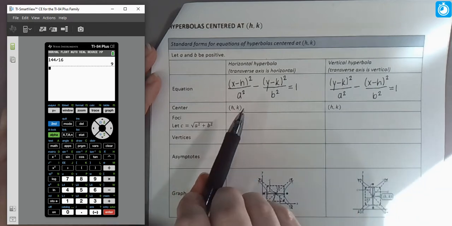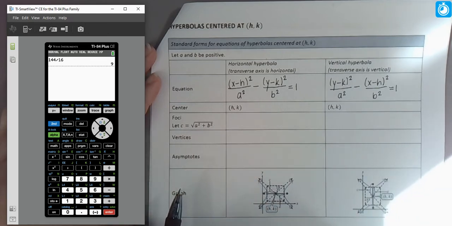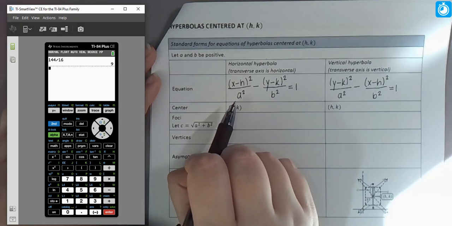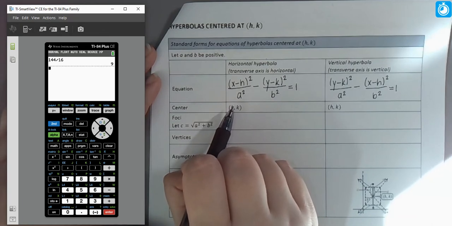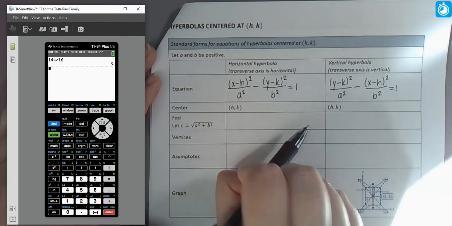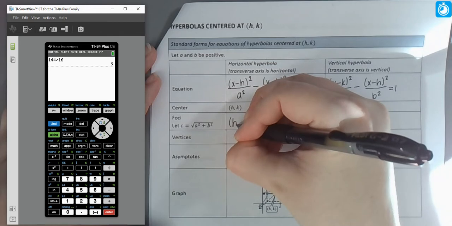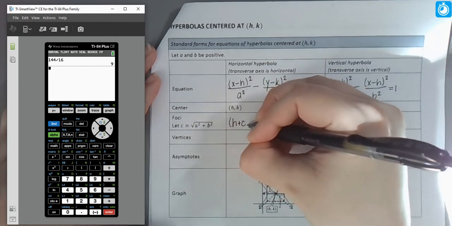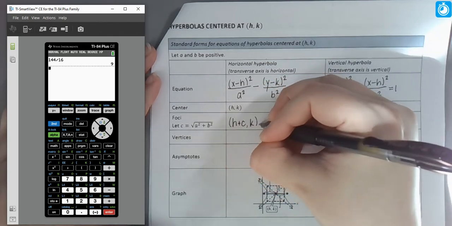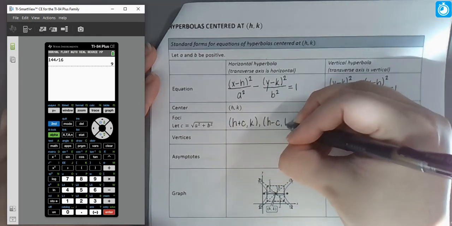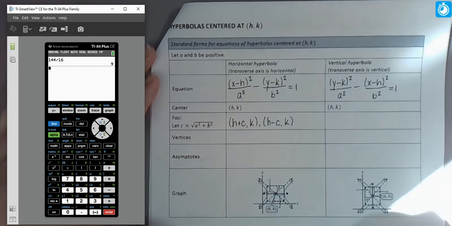So now our x and y are no longer 0 and 0, they're h and k. We're holding the y value constant, and we're just adjusting h by C units to the right and C units to the left. So our foci are going to be h plus c, and then hold the y value constant, and then h minus c, and then hold the y value constant.